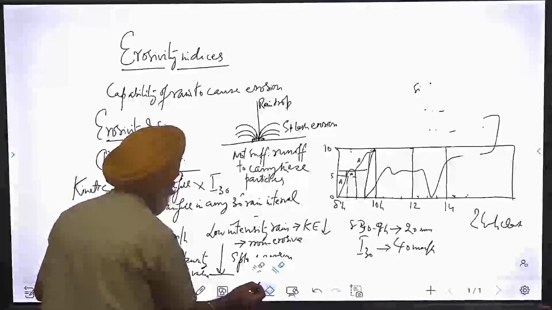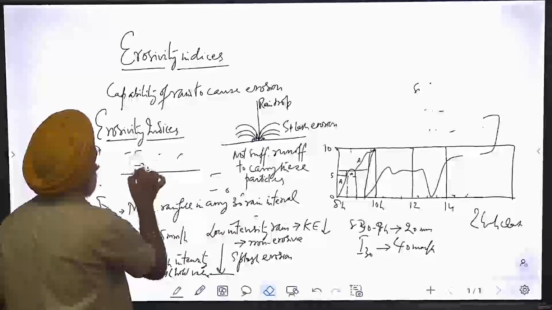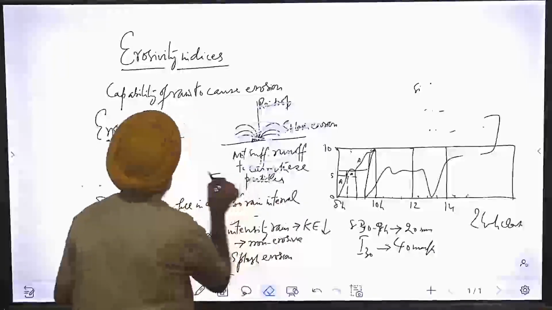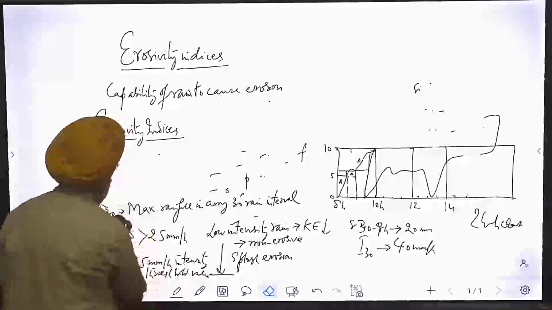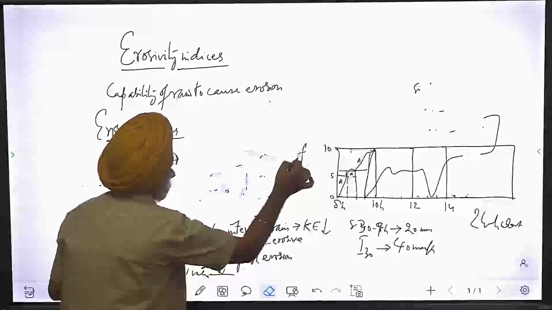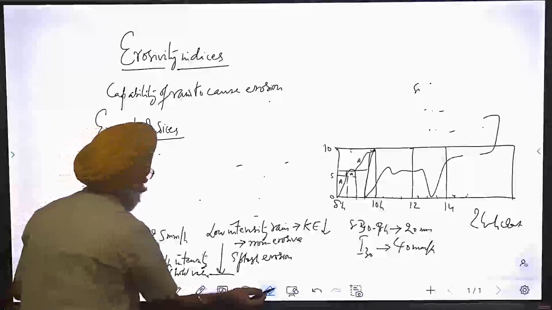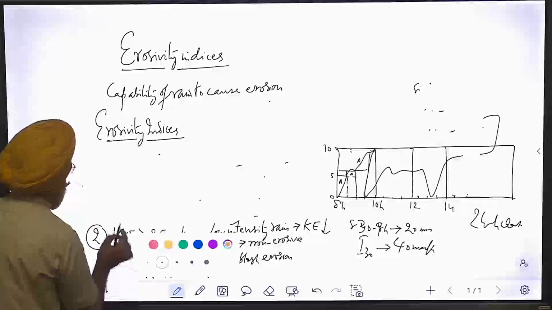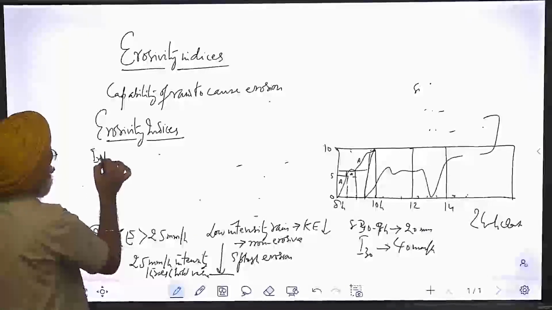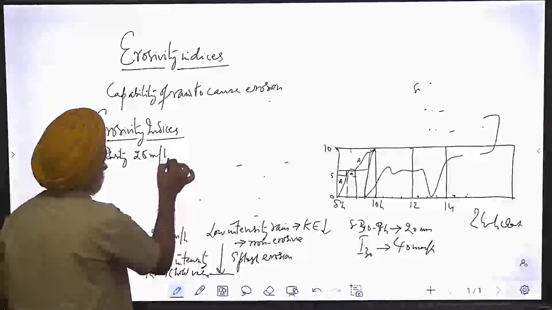So, that means we have one, I, intensity of 25 millimeter per hour.